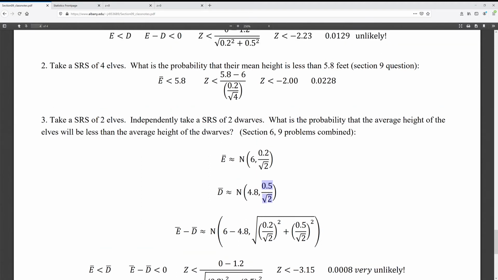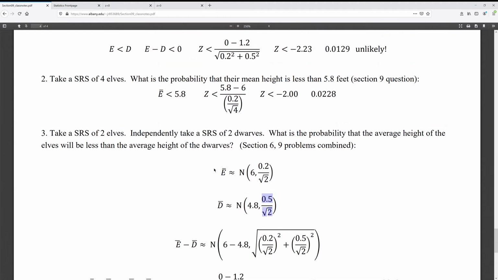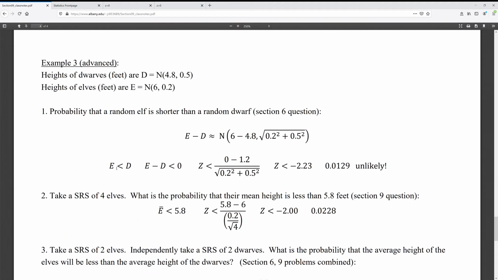So then once you have this number instead of 0.2, and this number instead of 0.5, it plays out pretty much exactly the way that first one did on the outer level. It's the same type of problem. Exactly the way we combined the 0.2 and the 0.5, we're going to combine the new guys.